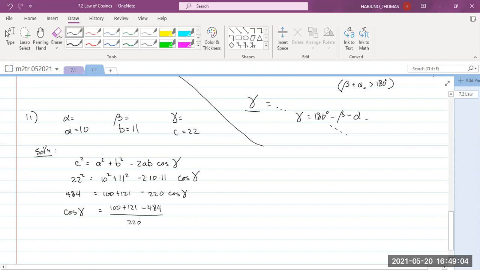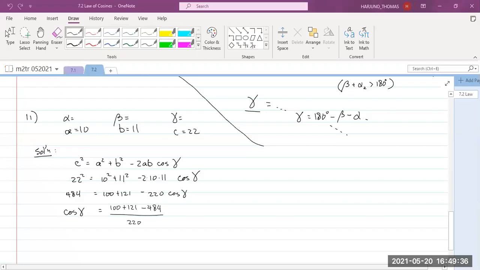Now let's see what's wrong with this. This is equal to negative 1.19545.